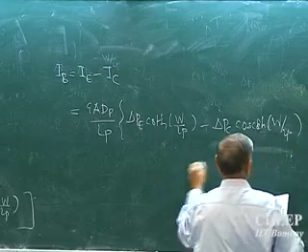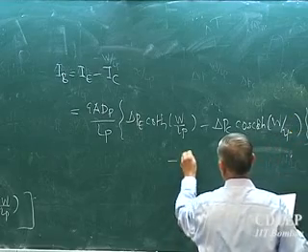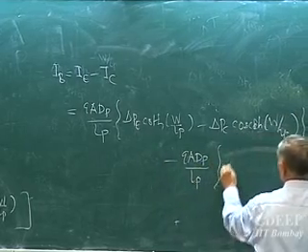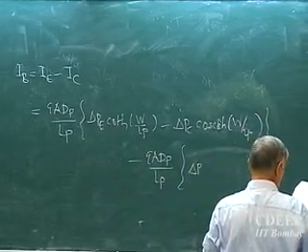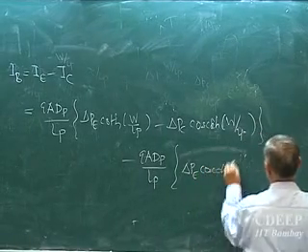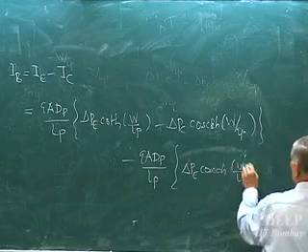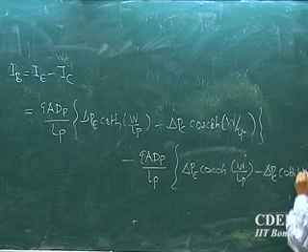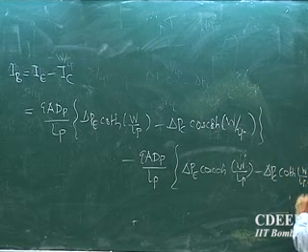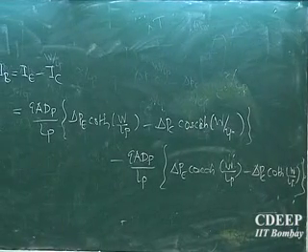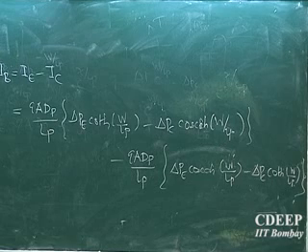This is IE minus QADP by LP delta PC or delta PE cosec h W by LP minus delta PC cot h W by LP. Is that okay? Just subtract collector current from emitter current. We have got the two currents, just subtract.